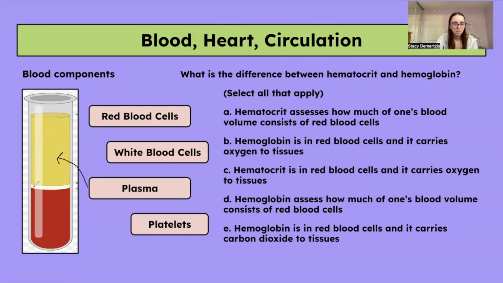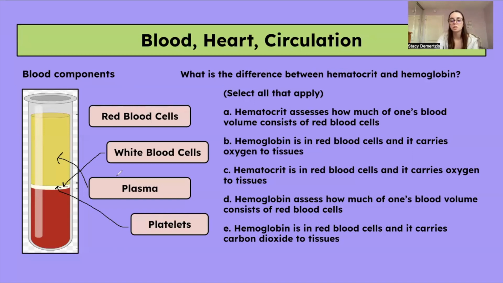All right, what about this thin white line here? It's less than 1% of blood content. So white blood cells, yep. And also, good job answering in the chat that this is also where the platelets are found.